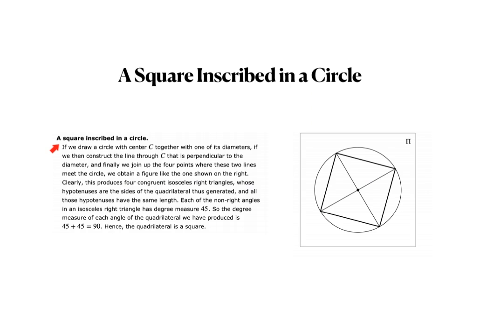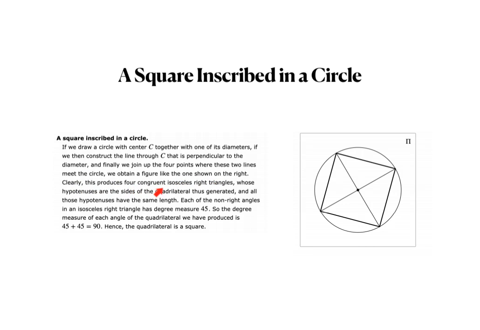A square may also be inscribed in a circle. If we draw a circle with center C together with one of its diameters, if we then construct the line through C that is perpendicular to the diameter, and finally we join up the 4 points where these two lines meet the circle, we obtain a figure like the one shown on the right.